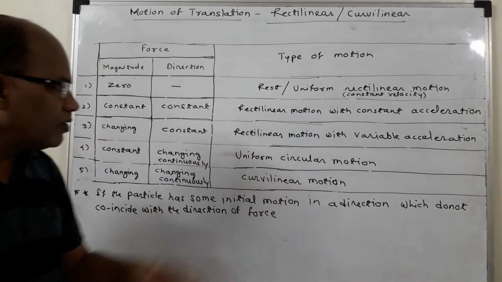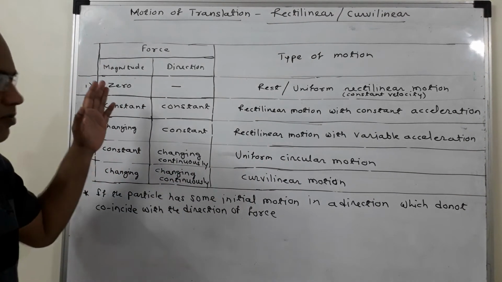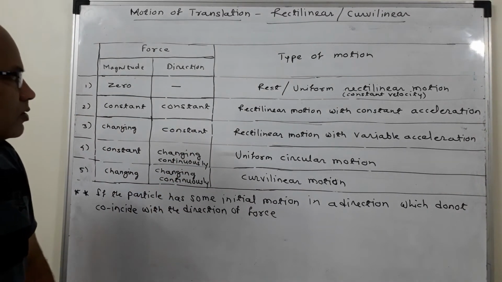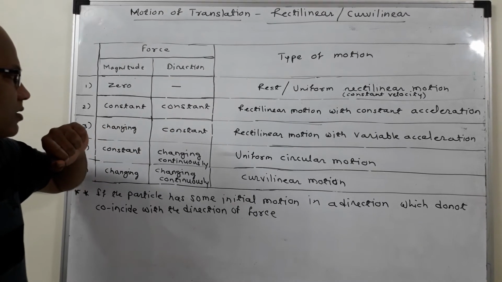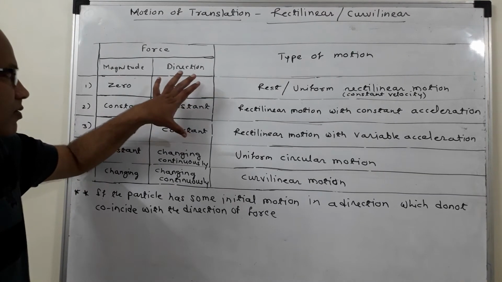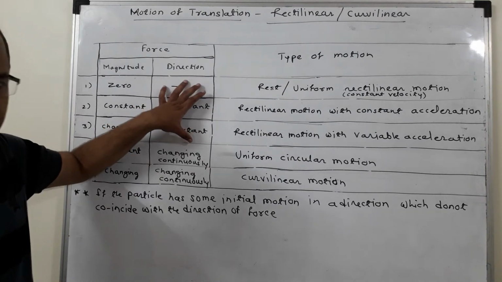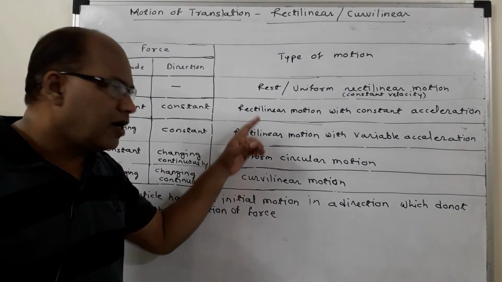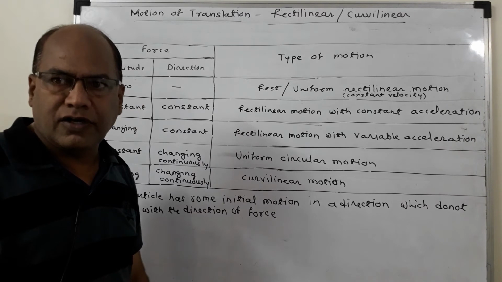So this is how the motion can be defined depending upon the magnitude and direction of the resultant force acting on the particle. For rectilinear motion to happen, what is important is that the direction of the force acting on the particle has to be constant. So if the direction is constant, the body or the particle is definitely going to perform a rectilinear motion.